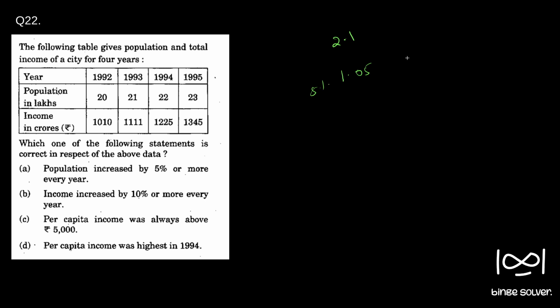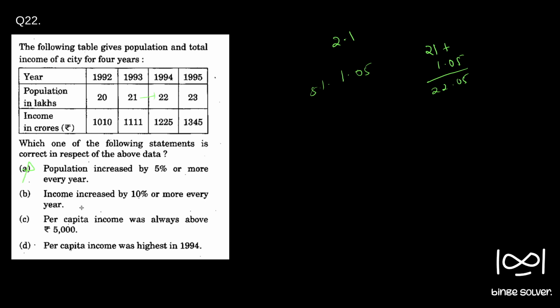So 21 plus 1.05 means 22.05 should be a 5% increase, but it is only 22. So this option is wrong. There is no 5% increase or more from here to here. So A is wrong.